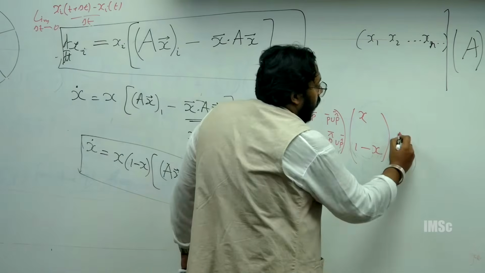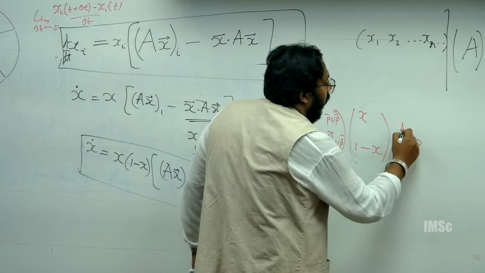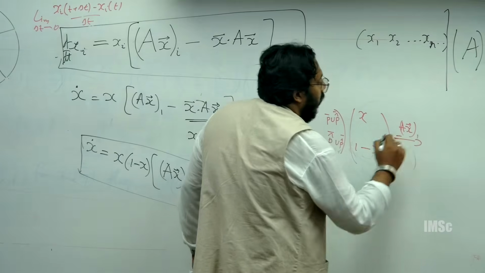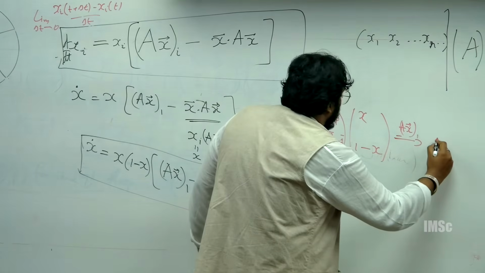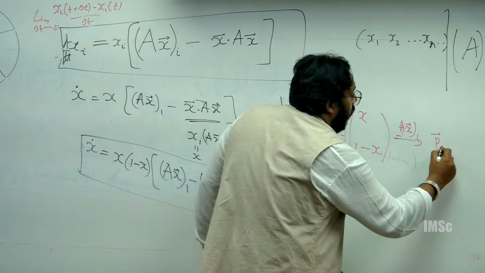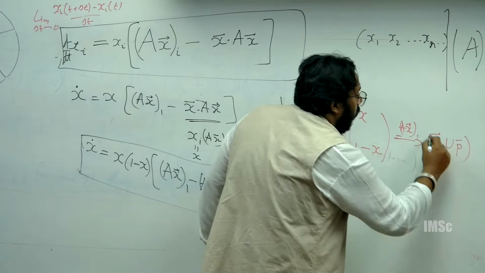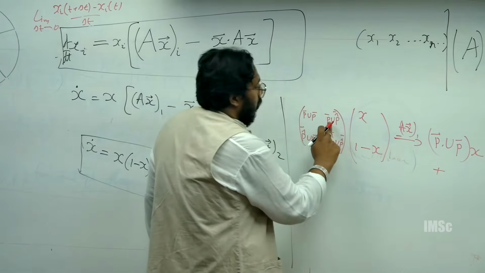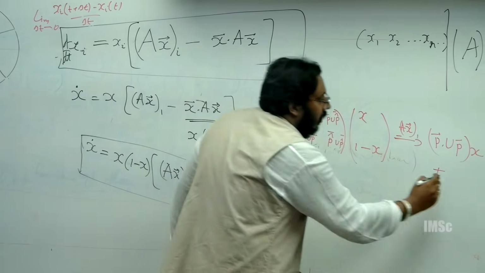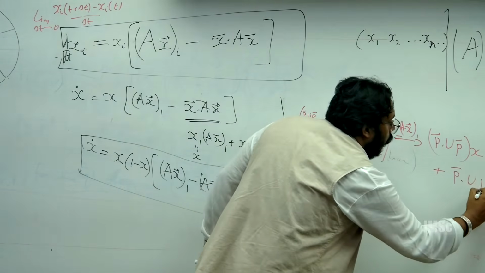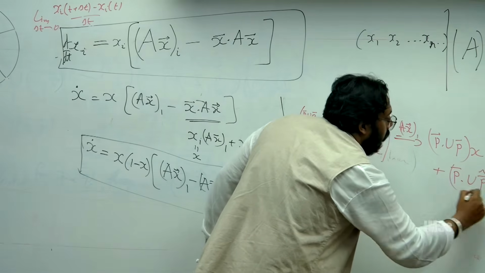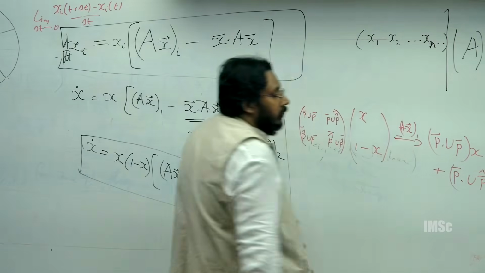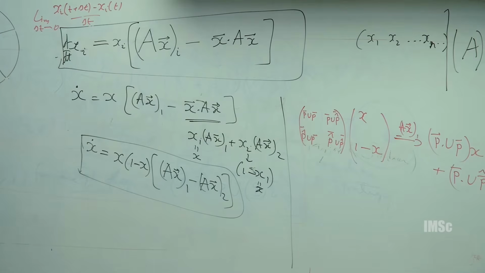So what is the first component? This gives you Ax1 as P U P times x plus P U P cap times 1 minus x. So first component done.